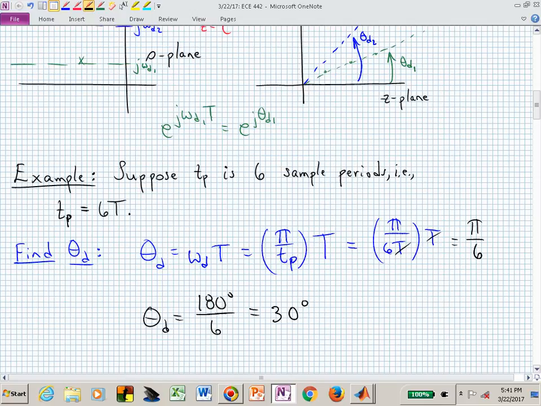So now we know that if we wanted to have a peak time of 6 sample periods, we would be looking at our poles being above or beyond that angle of 30 degrees in the z-plane, where theta sub d is the 30-degree angle, and how far away we are from the origin might be impacted by the settling time, which is our circle. And we could now intersect this angle with our radius, which gives us our settling time circle.